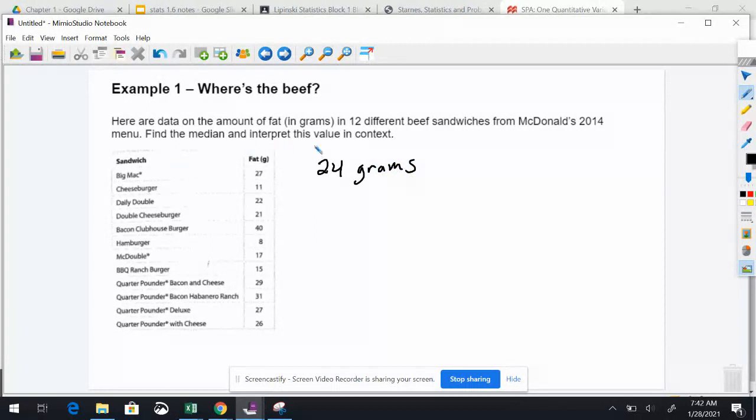Then it says find the median, interpret this value in context. Again, this is just explaining what that means.